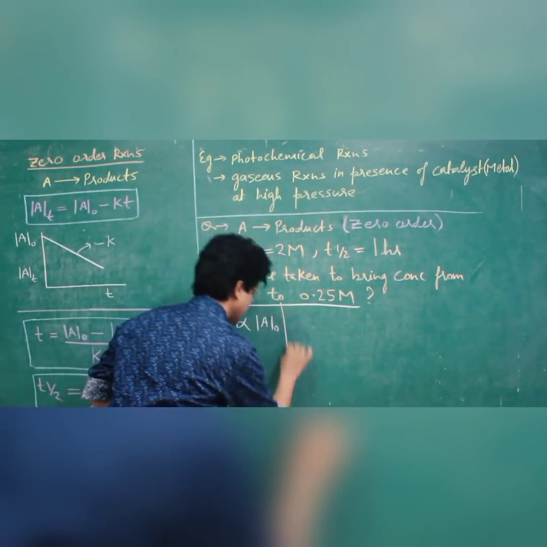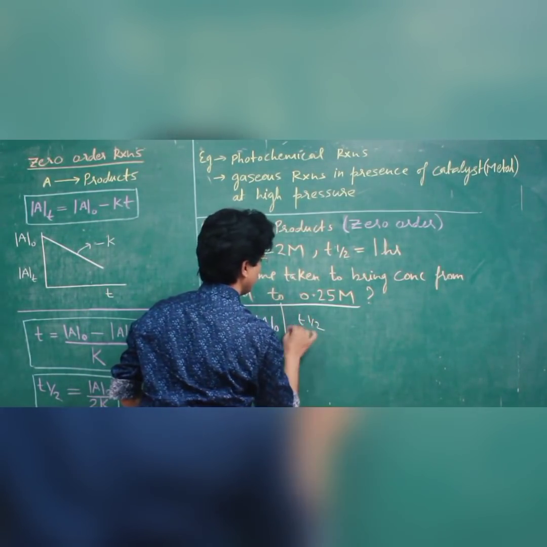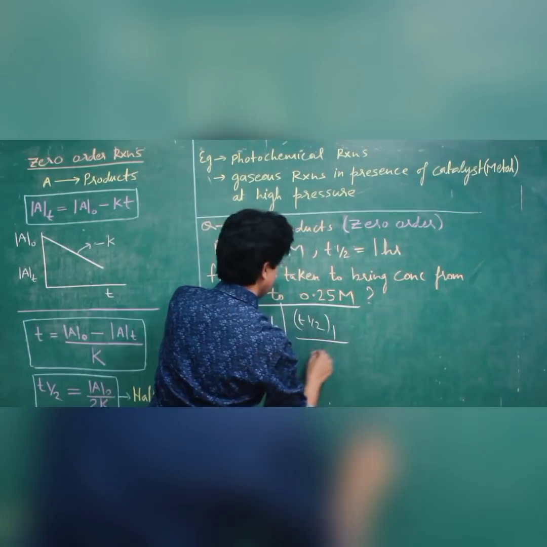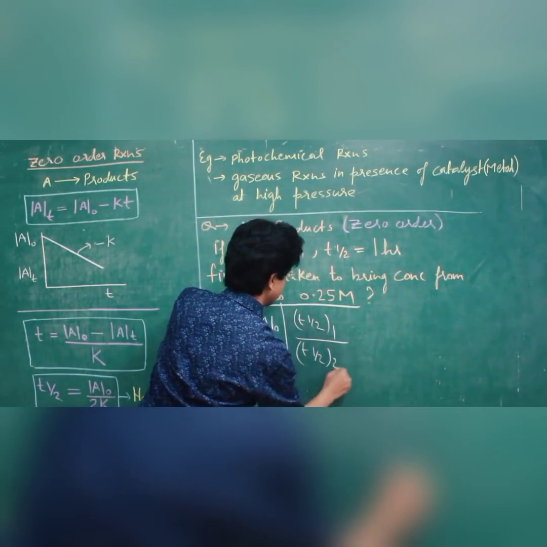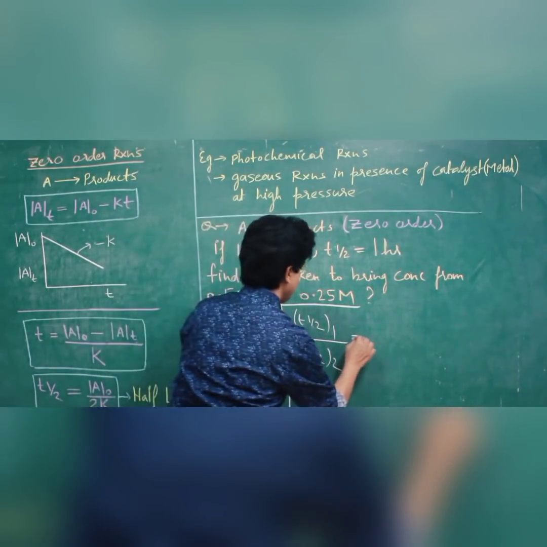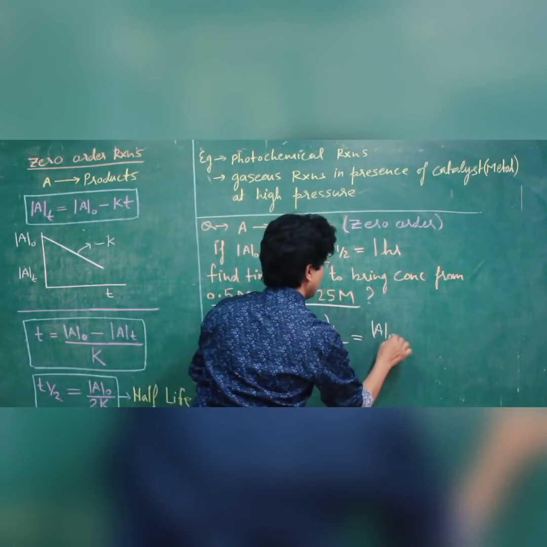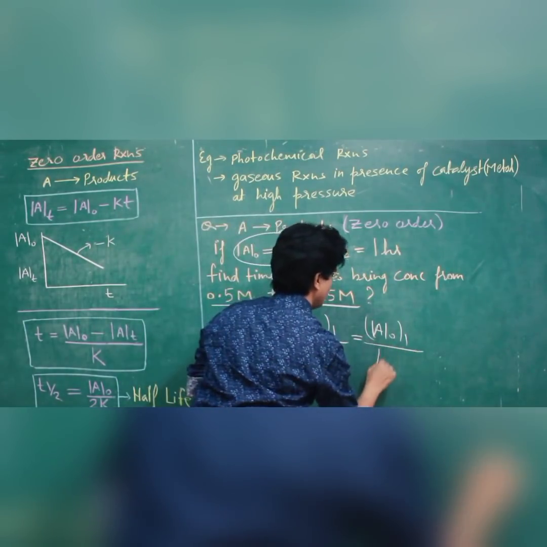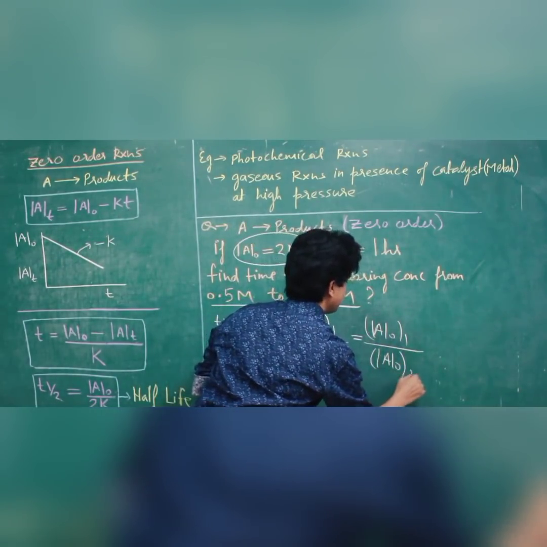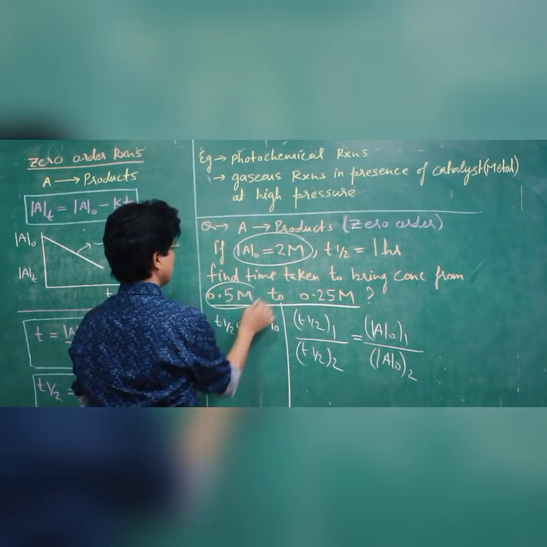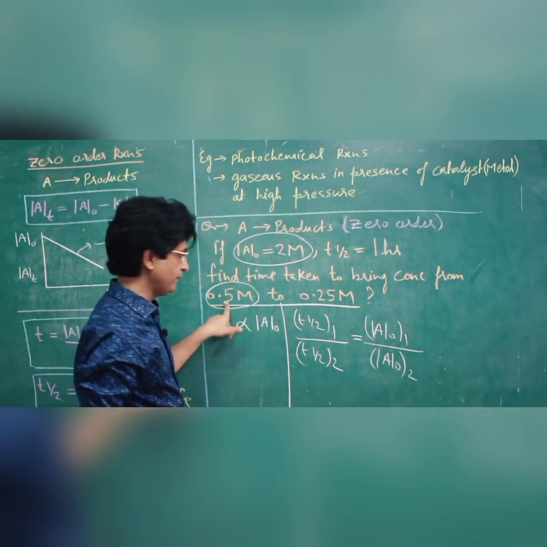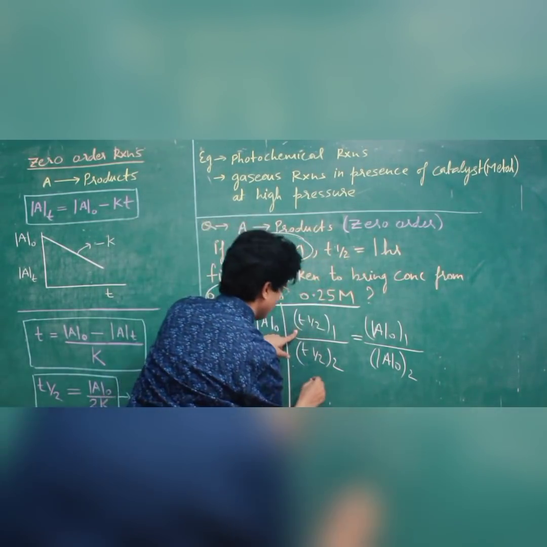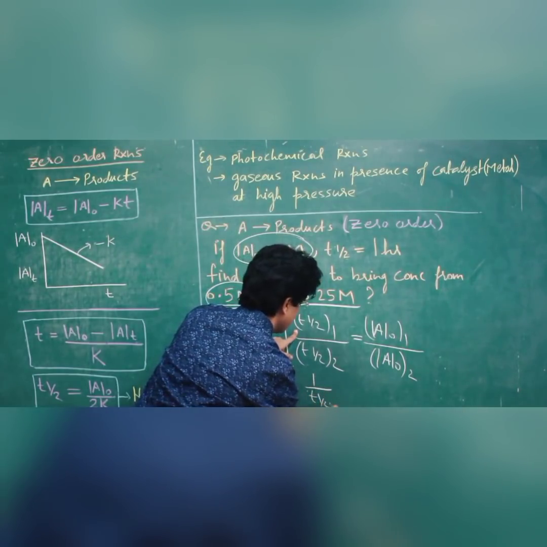Now from here I can say that t half for the first case upon t half of the second case will be equal to A naught of the first part upon A naught of the second part. The second part initial amount will be 0.5. So from here, t half is given as how much for the first part? 1 hour. I am supposed to calculate this t half.